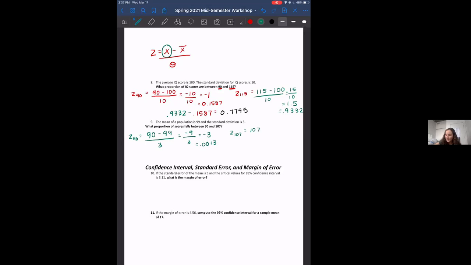And we already said that the mean was 99 and the standard deviation is 3. So what is 107 minus 99 divided by 3? It's going to be 8 over 3. What's 8 divided by 3? 2.67, good. What do you get when you plug that into a z-table?